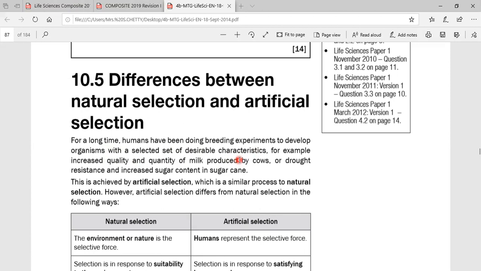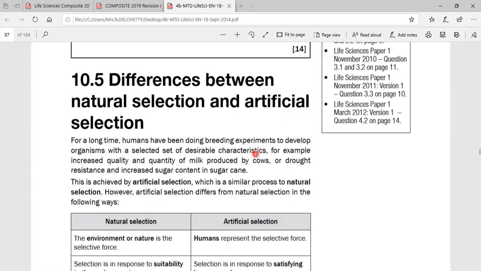Hopefully there will be an enhancing of that characteristic of good milk production in the calves that are produced. You can enhance a desirable characteristic, or you can take two desirable characteristics, one from each parent, and hopefully the offspring will have both of those desirable characteristics.